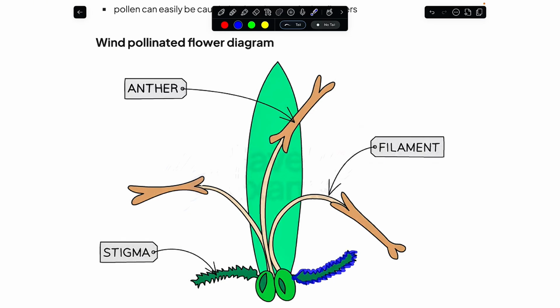This would be the stigma. And like the anther, this part of the carpel, the stigma, is again long and pendulous and feathery, and this also hangs out of the flower. And if you just look here, we have the ovaries of these flowers.